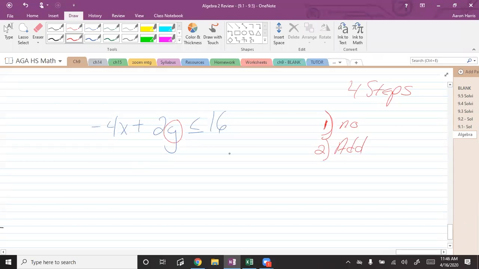Good. I do it to one side, so you do the other side, 16. Good. So what comes down? The 2y is equal to 16 plus 4x. Good. Now what?